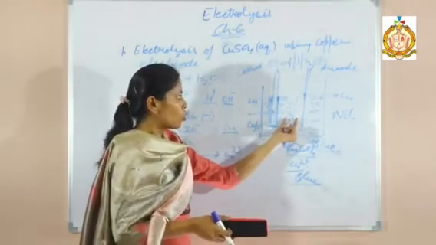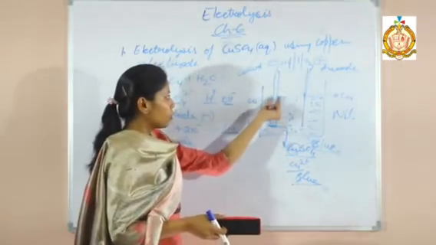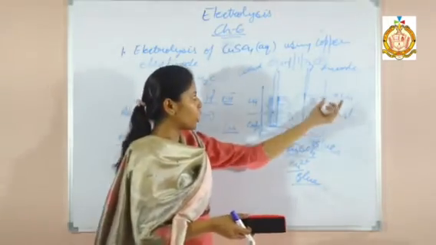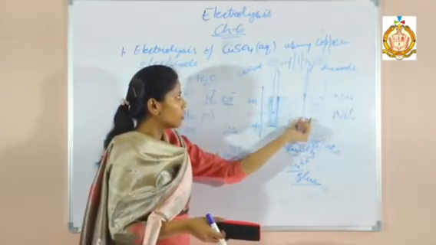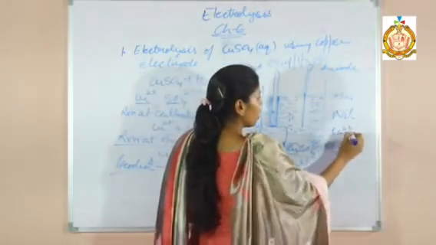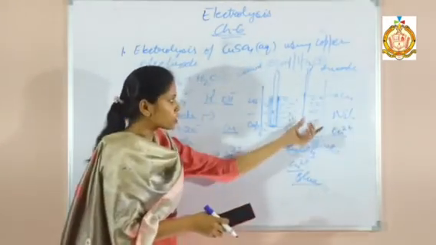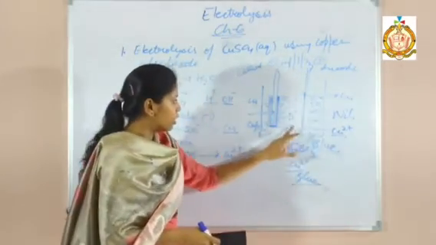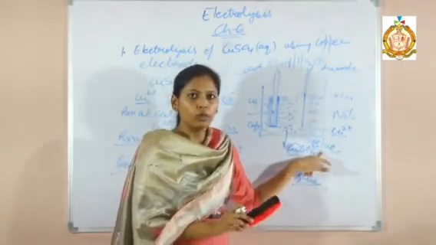As you know, the copper 2 positive ions are deposited at cathode, and the same number of ions are coming from the anode. So the number of copper 2 positive ions remains the same in the electrolyte. Therefore the color remains blue, it will not fade.